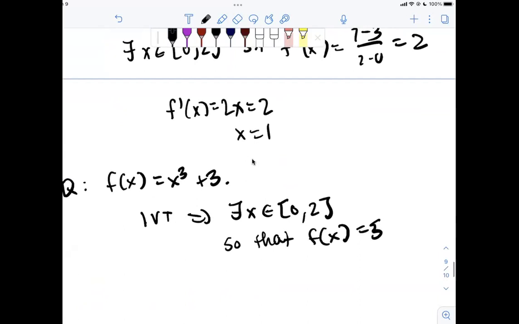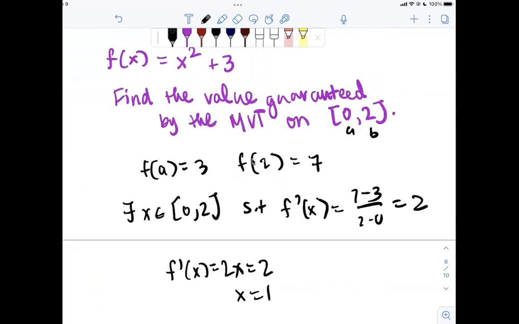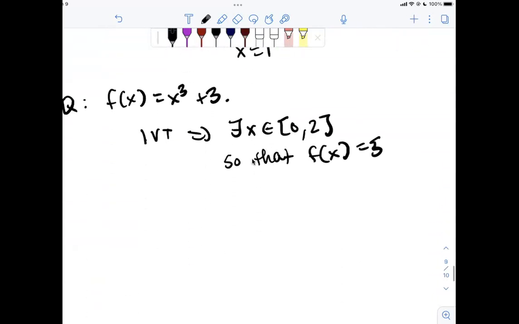And I could have picked any number between 3 and 7, but I just picked 5. So the question is find x. And there might be more than one, that's fine if there is. I'll just pause for a moment to see if you can solve that, and then I'll give the answer.